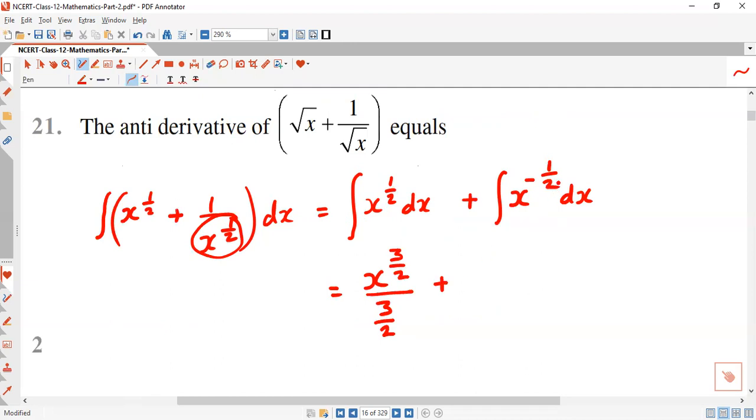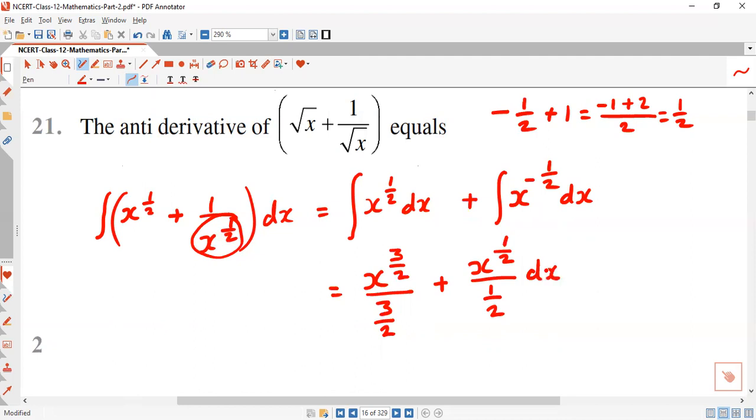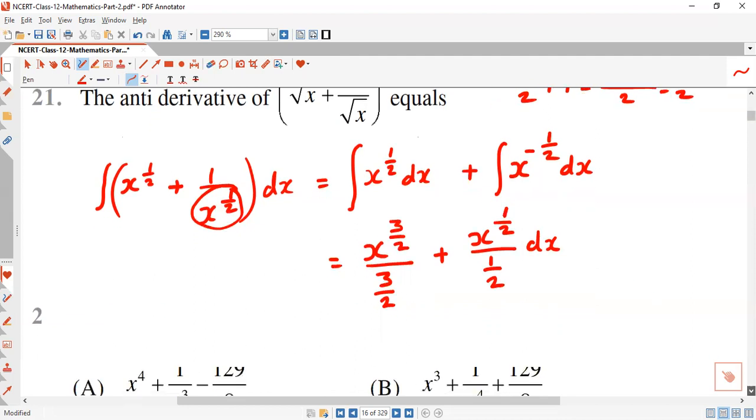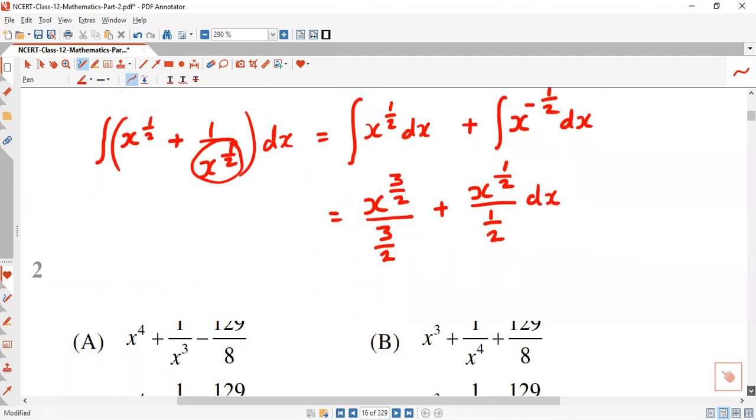Plus, we add 1: minus 1 plus 1 will be equal to what? Taking 2 as LCM, minus 1 plus 2 comes out 1 by 2. So x raised to half divided by half. Now simplify this part.